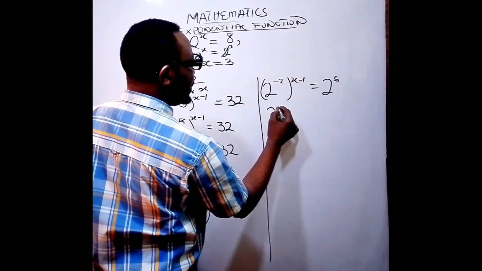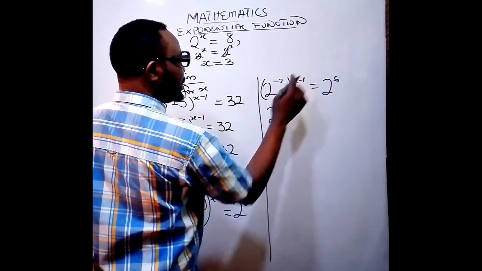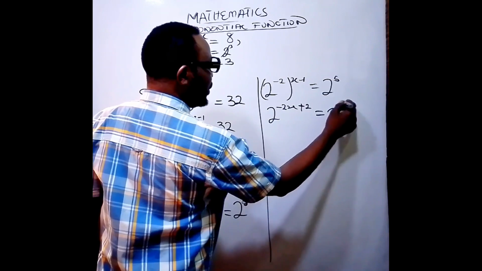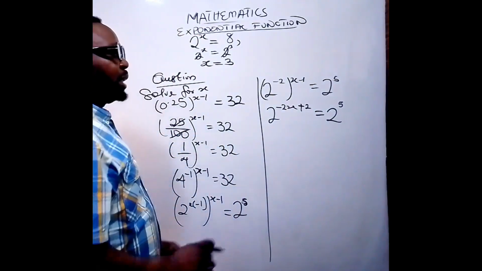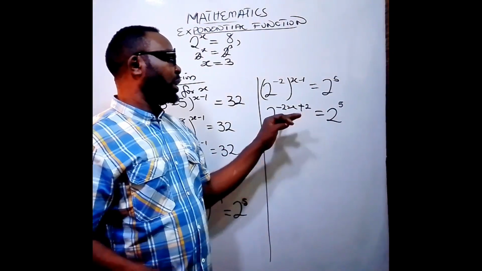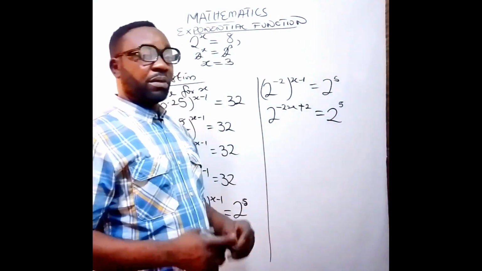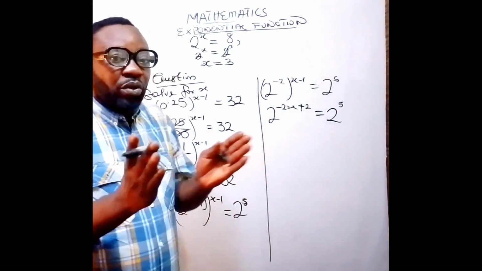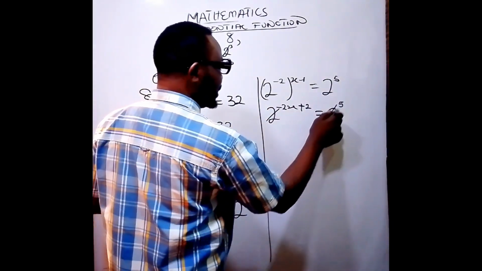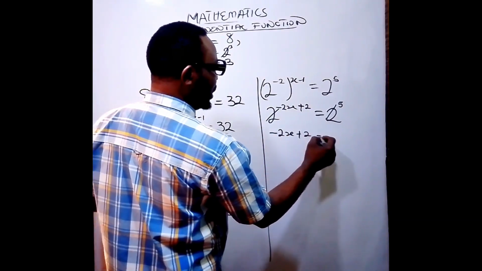Now we're having minus 2 times x, minus 2x, minus 2 times minus 1, that's plus 2, equal to 2 raised to the power of 5. Now, you can see that I'm having only one 2 as a whole number at this side, and only one 2 at this side as well. If it's more than one, you have to make sure that you reduce it to only one value. Then I can now cut this and this. I will have minus 2x plus 2 equal to 5.